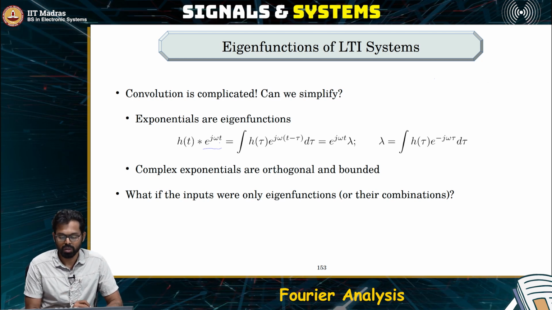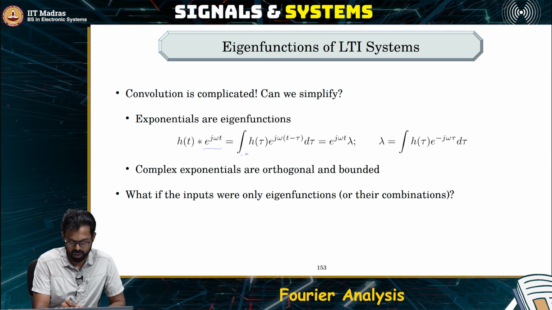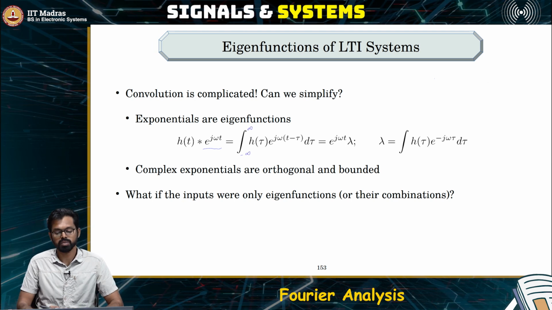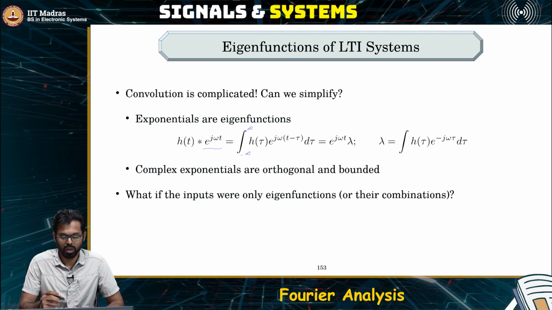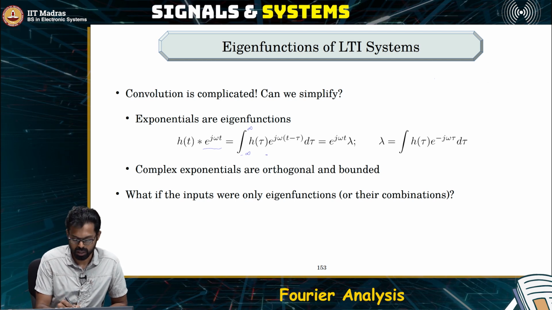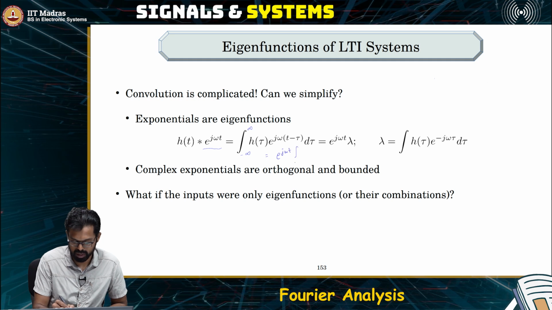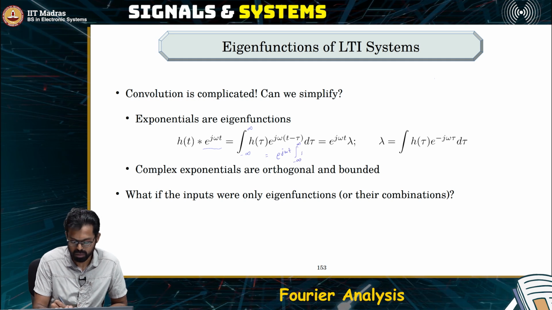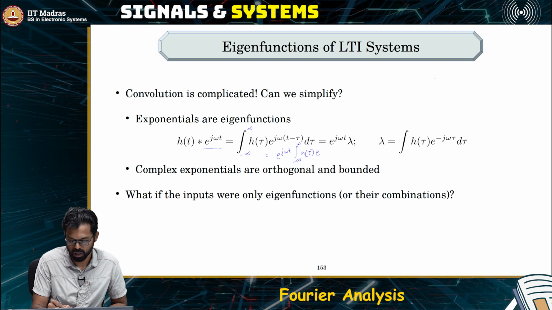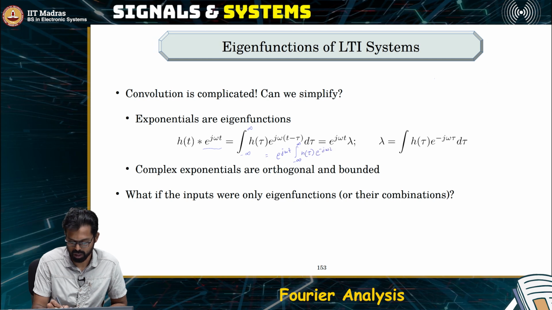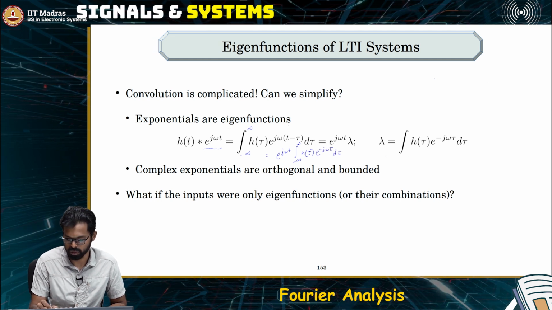How do we do this convolution? We write down our usual convolution integral. Now we can say that this is equal to e^{jωt} times the integral of h(τ) e^{-jωτ} dτ. That's what we have here.